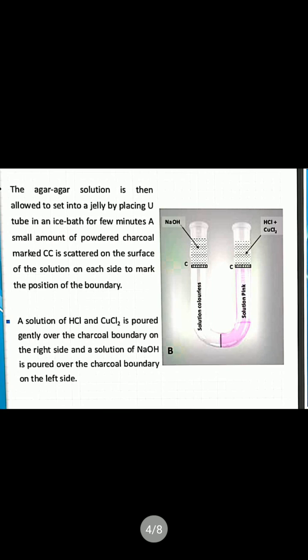Now, the agar-agar solution is allowed to set into a jelly by placing the U tube in an ice bath for a few minutes.